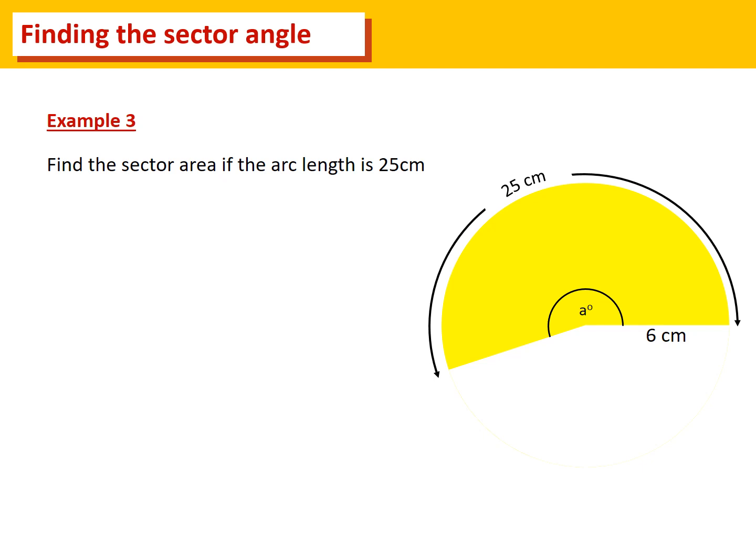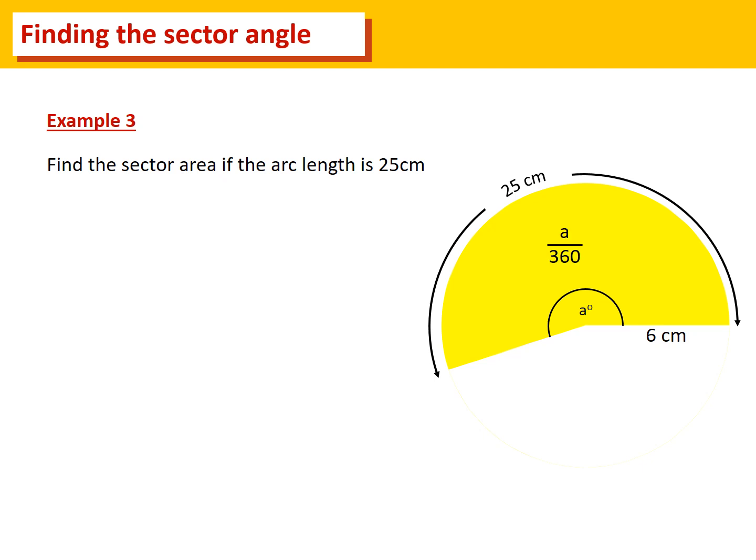Example 3 can seem a little bit confusing, trying to find the sector area given the arc length. Really what we want to do is, given the arc length, find that sector angle A and then use that sector angle in order to find the sector area.